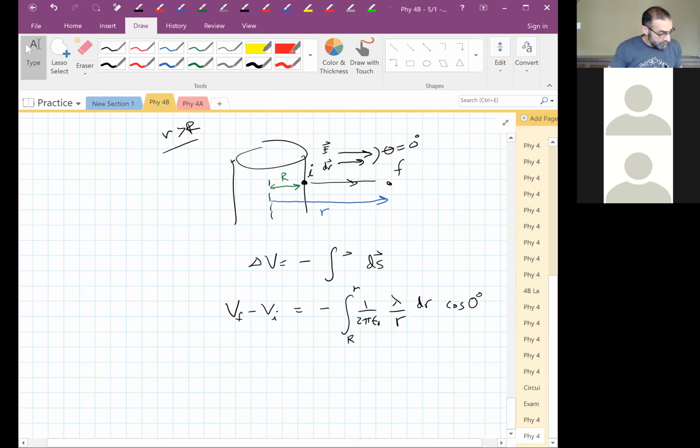All right, so what we're going to do now is say, oh, wait a minute. We know V initial. It's 0. We're starting at 0, right? So this tells us that V final is equal to, we can start to do our integration. Well, we can pull out our constants, right?